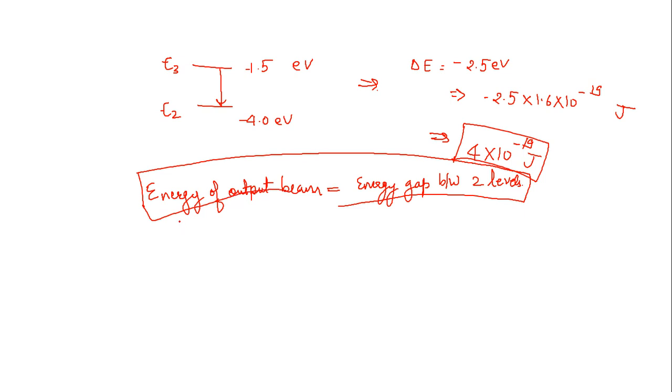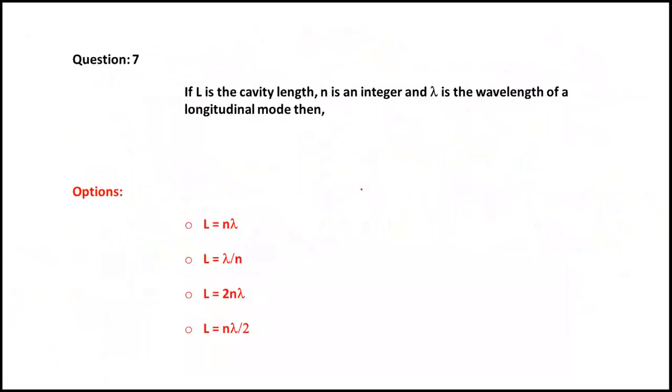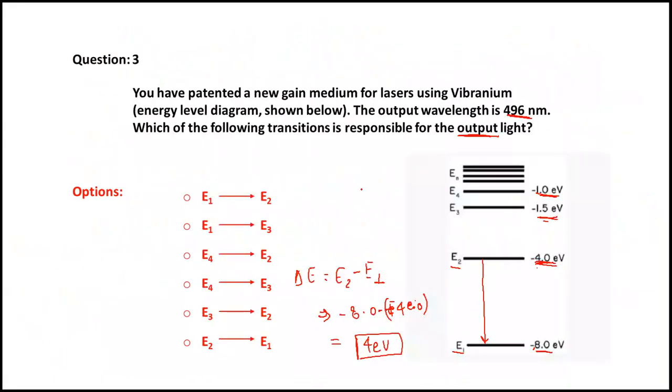What we come to the conclusion of is that in this case there are various transitions. From E1 to E2, this is a sort of absorption, so there will be no output wavelength as such.